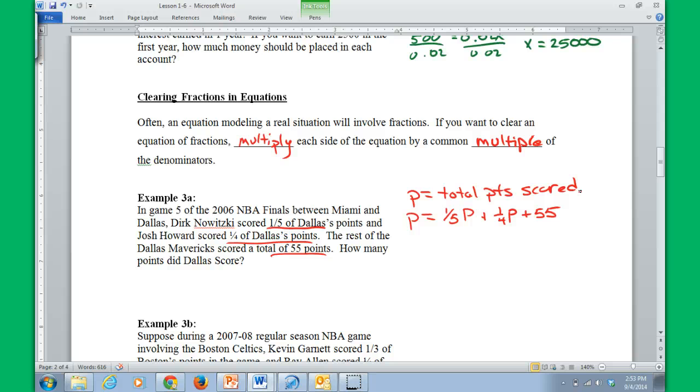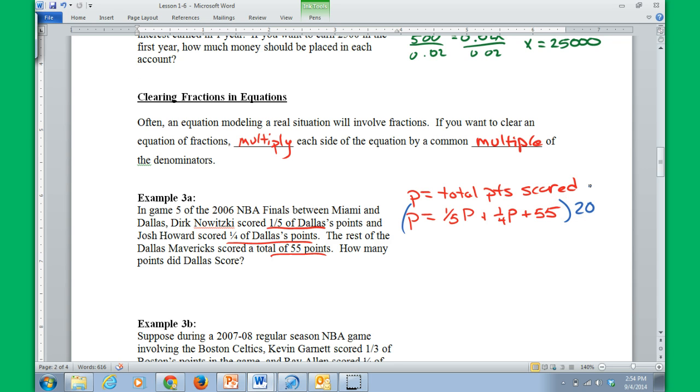And what we want to know is how many total points were scored. Well, first of all, we got this beautiful fraction thing going on here. So how do I get rid of the fractions? What is the common denominator if I were to find one? Yes? 20. Because 5 times 4 is 20, right? So let's multiply the entire equation by 20.